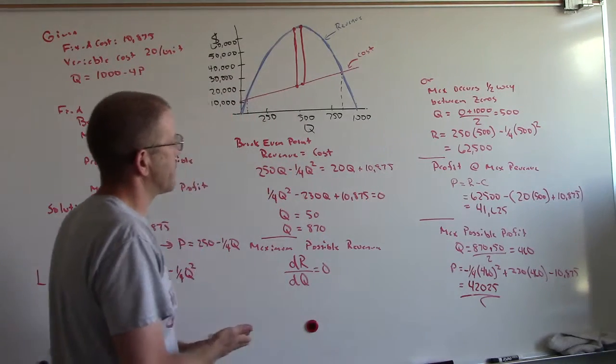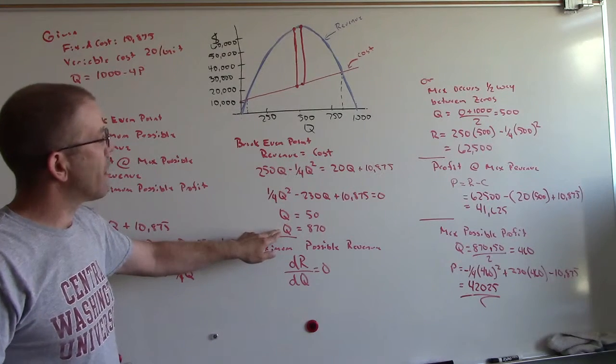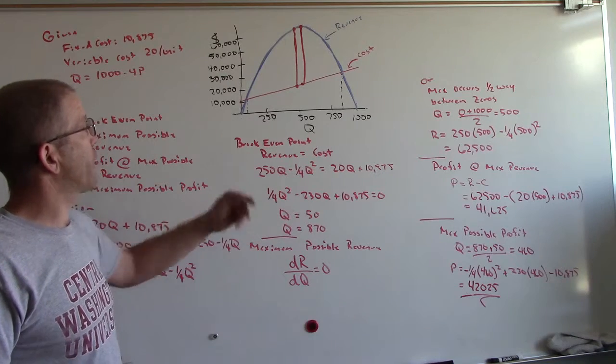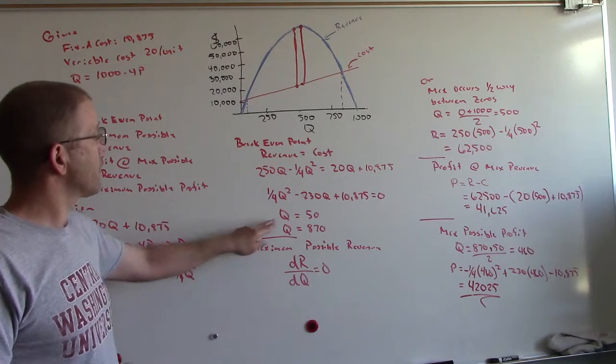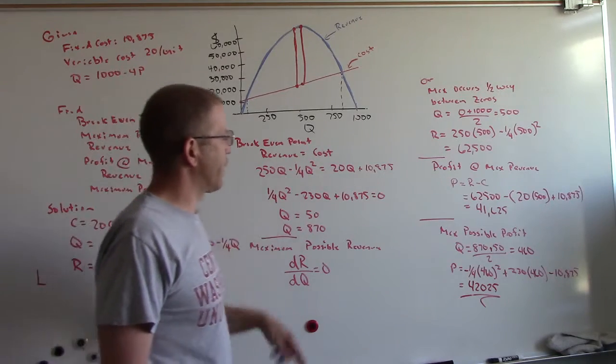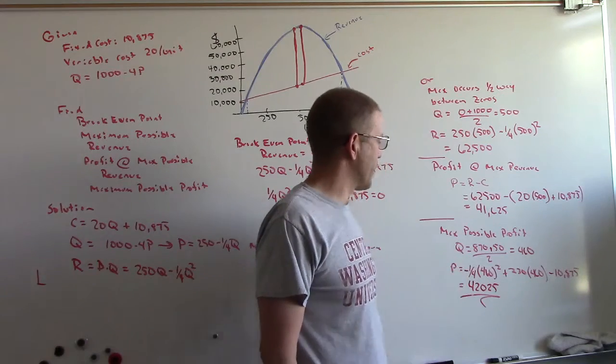But the process is the same. So essentially what we do is, since we know that these 2 points are equidistant from that vertex, we're just going to average those 2 values and find that the maximum profit is going to occur at 460 units.